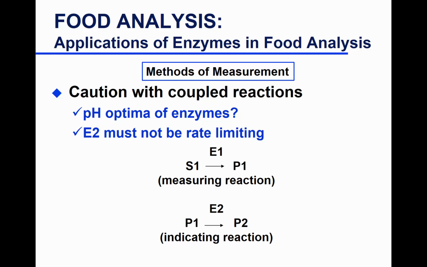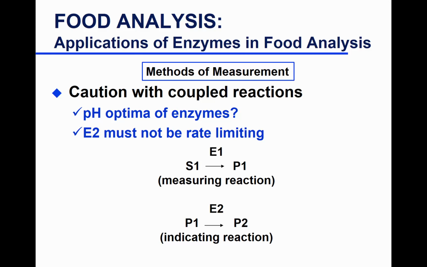So we talked about, we need to consider pH optima of the enzyme. So when we design a coupled reaction, we want to make sure that the enzymes we use don't have very different pH optimum, because we don't want to keep changing pH in the system. So we'd like to select enzymes that both have a pH optimum of 7 or 6 or whatever it is.